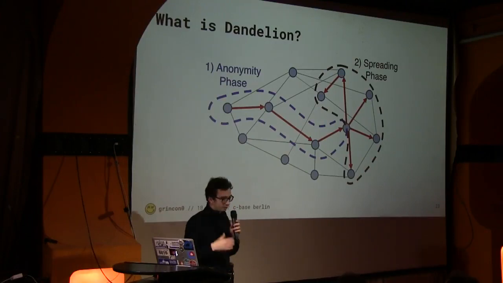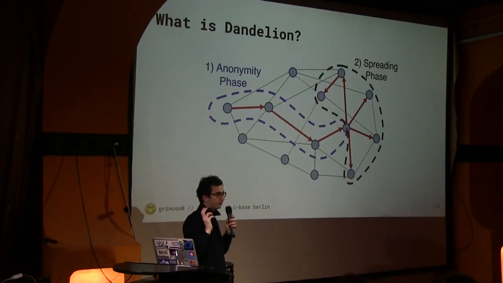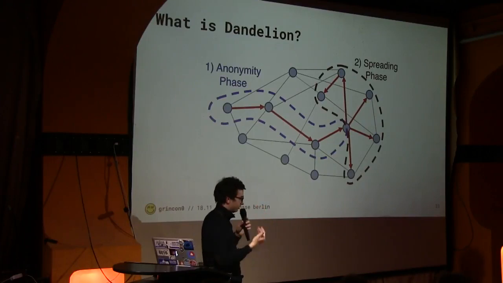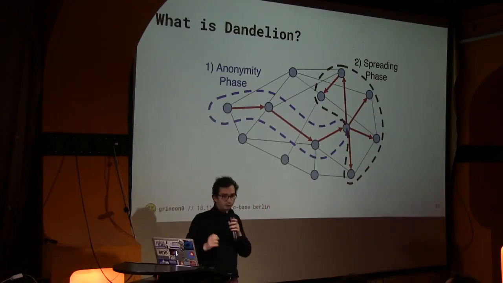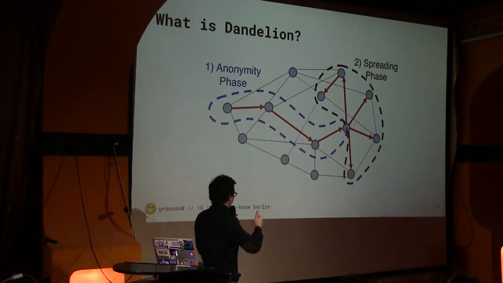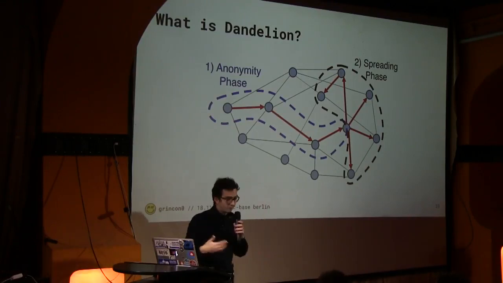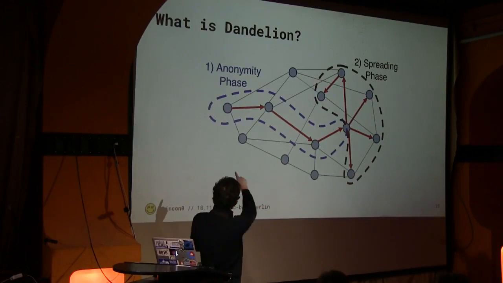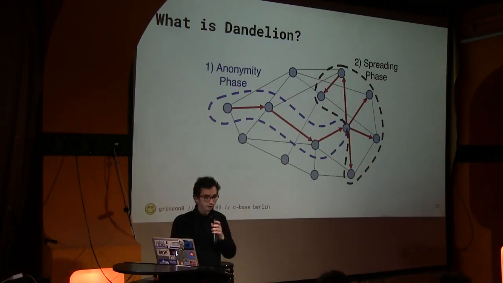At this point the transaction is like a stealth transaction, not a regular transaction, so we call it a stem transaction. There is a random number of hops, and at the end, some node says, okay, that's it, I'm going to spread this transaction in the network. So this transaction passes from stem transaction to regular transaction. In the end, the whole network will see the transaction, but if someone is listening to the network, they will not be able to see that the node on the left was the first sender of the transaction.